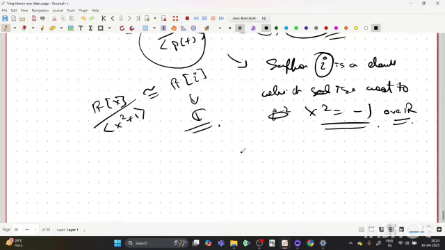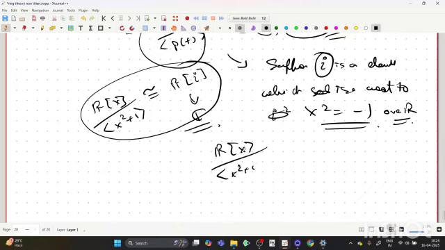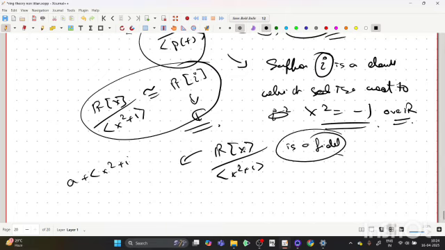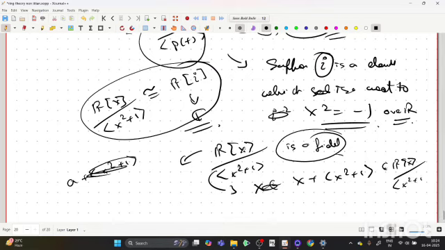Getting my point? And if you don't want to get into such complications, you can think of it simply this way: since we have already proved that this is a field, consider the element x, or rather x plus (x^2 + 1), inside here. This is an element in R[x] modulo x^2 + 1.